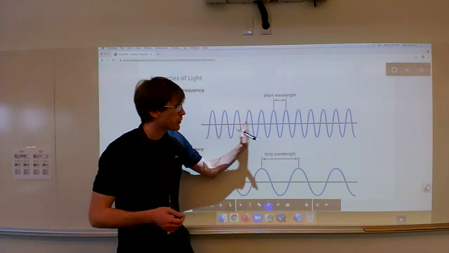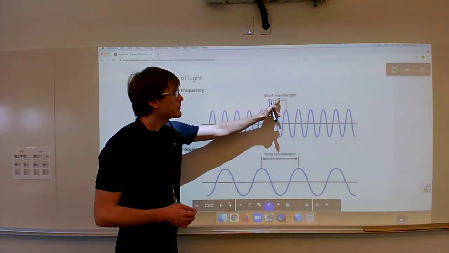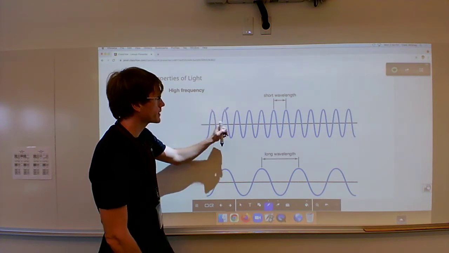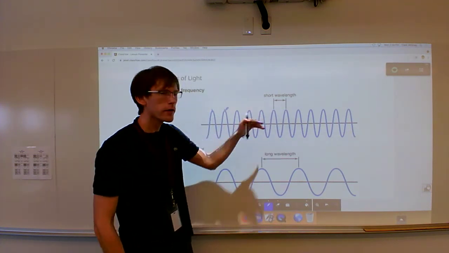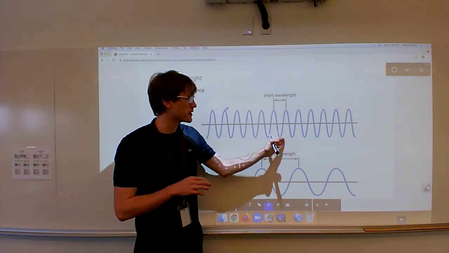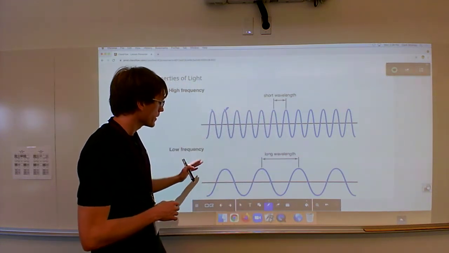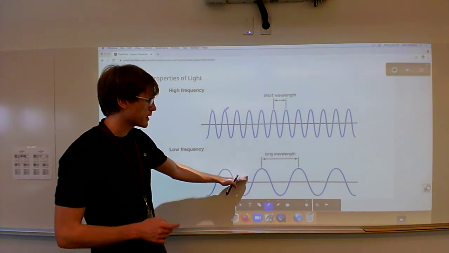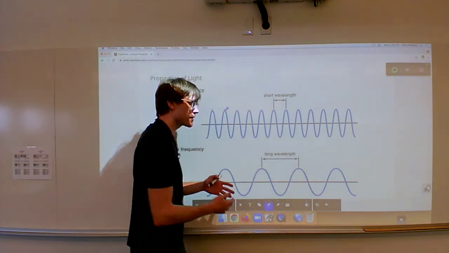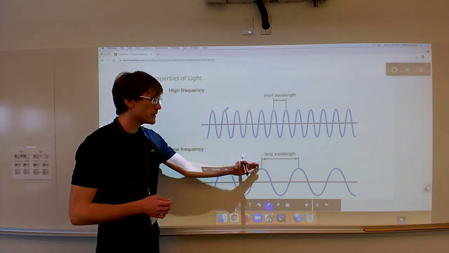So when we look at this wave right here, the wavelength is just the distance between the peaks. And you can see right here, there's a very short wavelength, very short distance between the peaks in this wave. Compared to this one down here, where there is a longer wavelength, there is more space between the peaks.